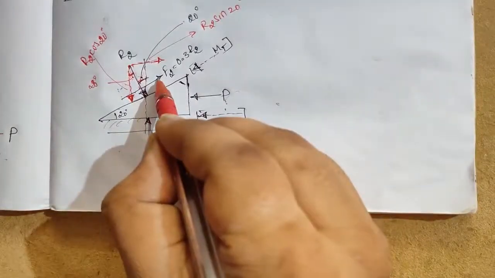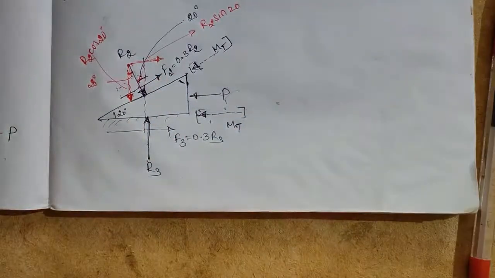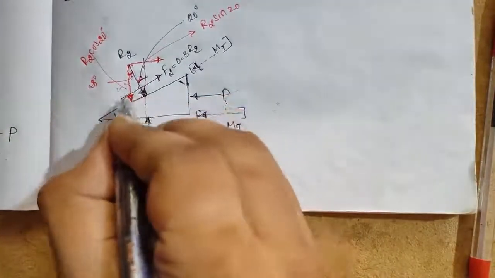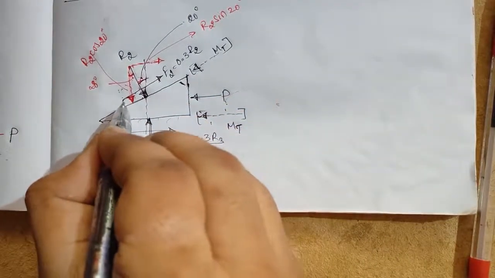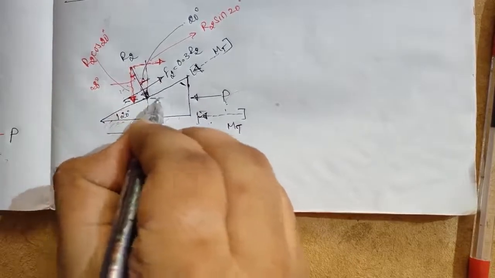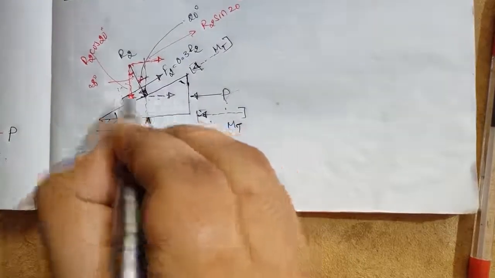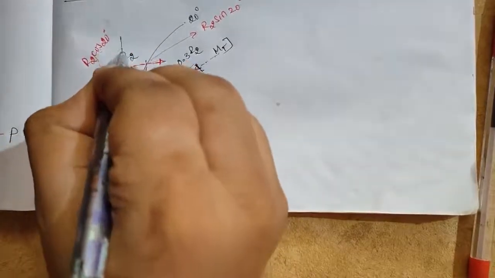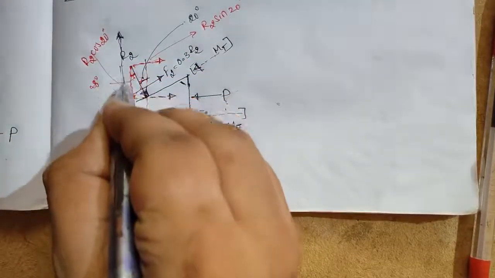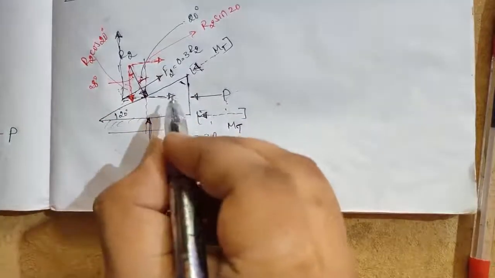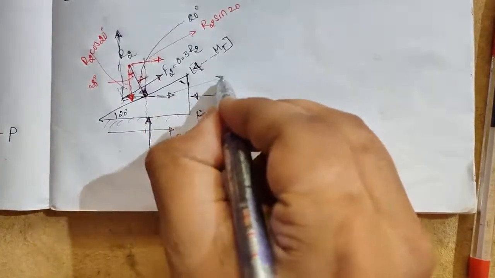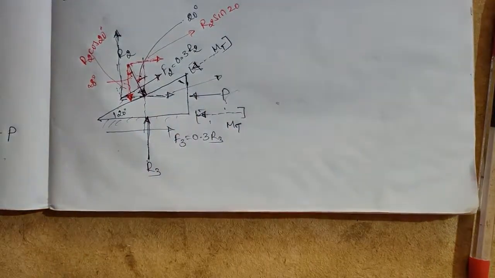Then which is the force? This F1 is the force. F2, this F2 force, what will happen? We have to resolve this F2 force also in horizontal direction and in vertical direction. To get clear, I am writing this somewhat big. So what will it be?